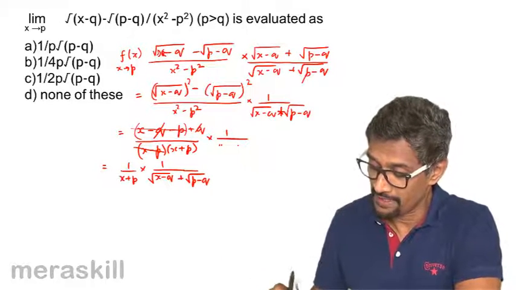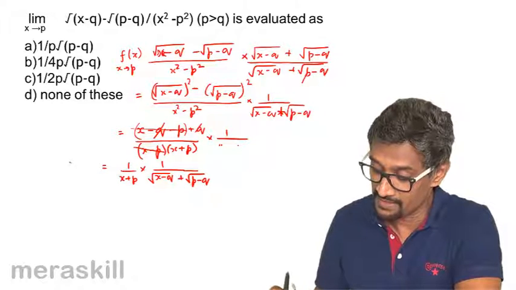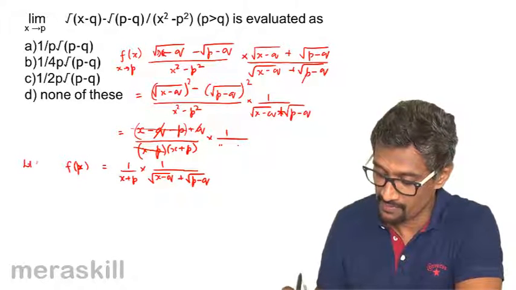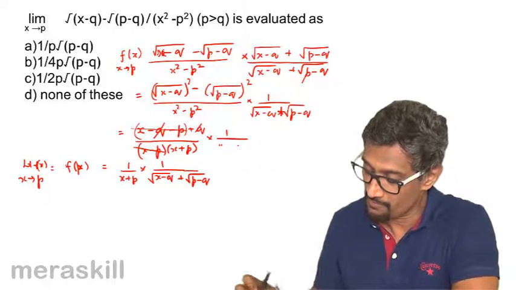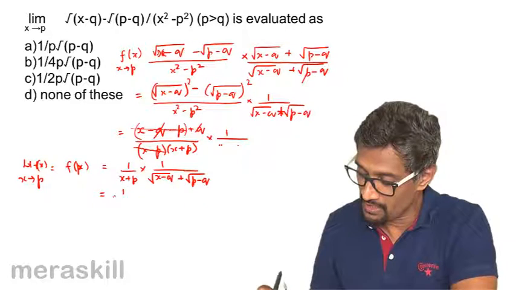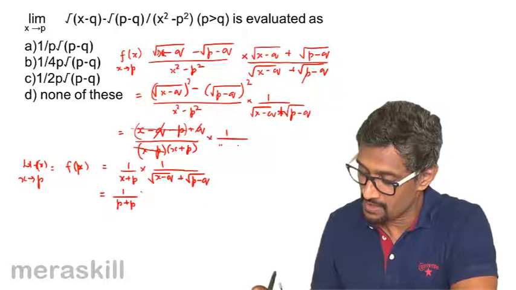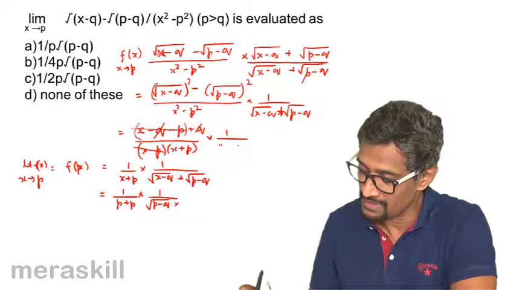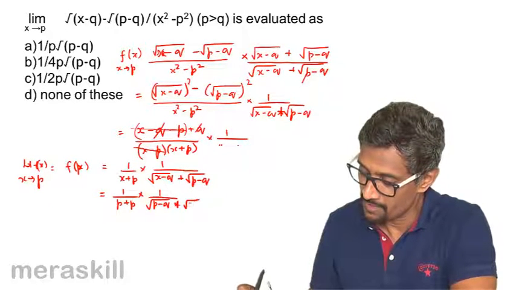Now we need to find the limit. In this case, it's going to be nothing but f of p itself. The limit of this function as x approaches p is f of p, which is going to be 1 upon p plus p into 1 upon, instead of x you put p minus q. This will remain as it is, plus root p minus q.